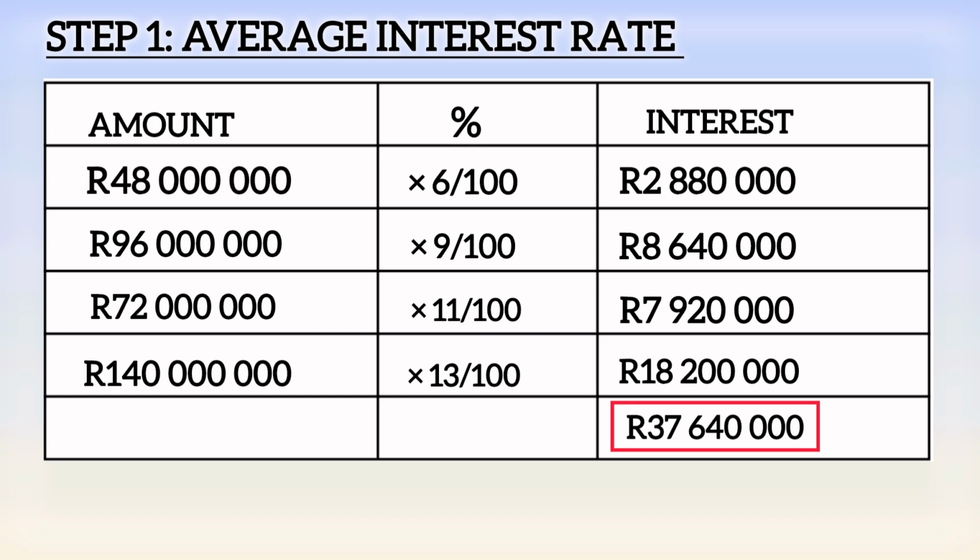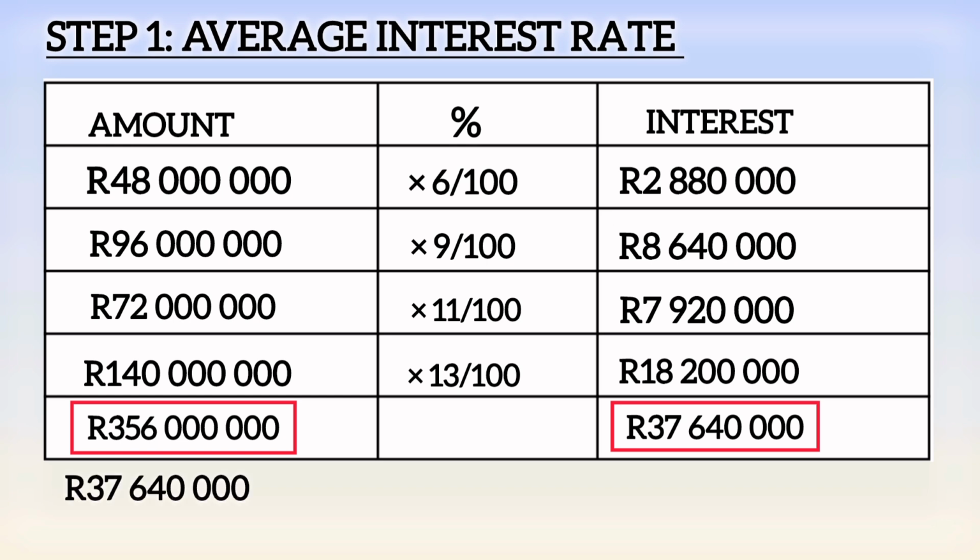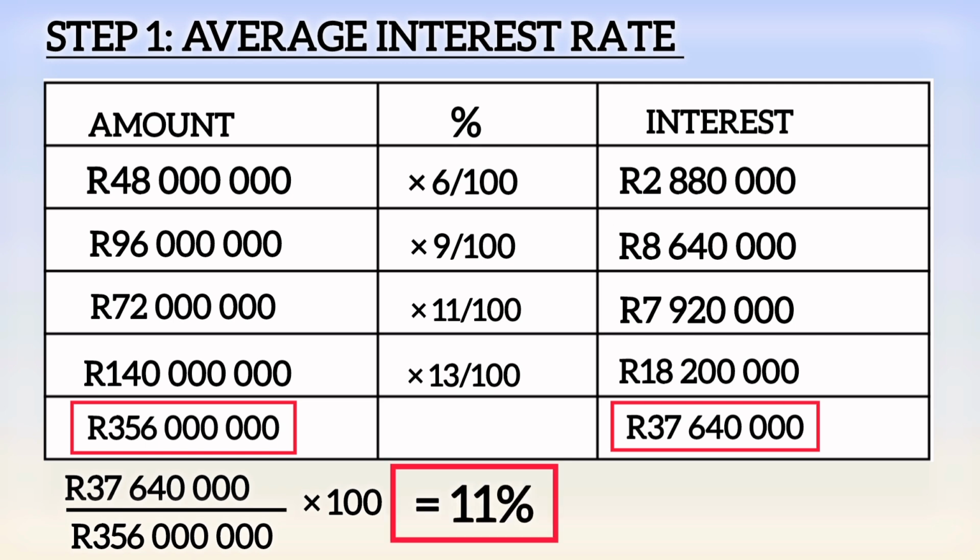We have 48 million plus 96 million plus 72 million. We then have 140 million. If you add them together, we have 356 million. You write it down. Okay, you say total sum of interest 37,640,000 divided by total borrowings of 356 million times 100. Our weighted average rate comes out at about 11%.